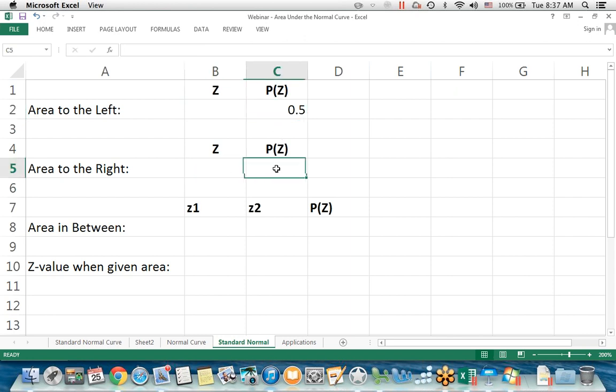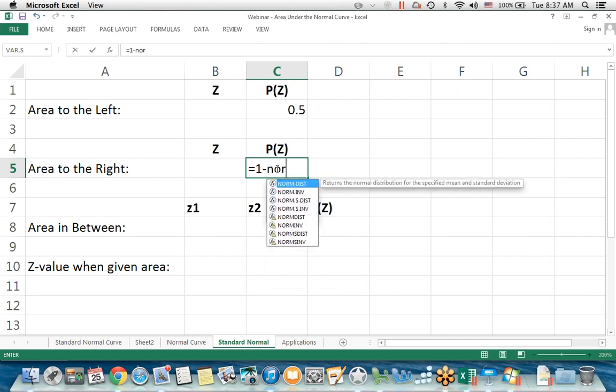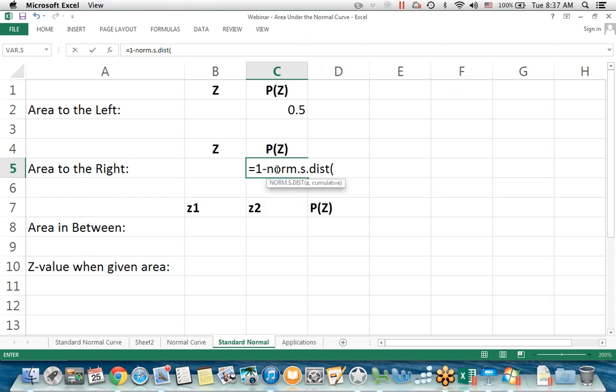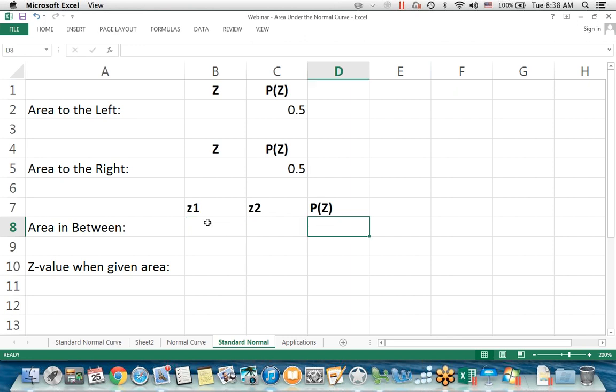Now, what about the area to the right? Again, remember the formula is first type in the equal sign, and then 1 minus norm.s.dist, open parentheses, this value, true. And this will give me the area to the right. Now, what if I'm trying to find the area in between?